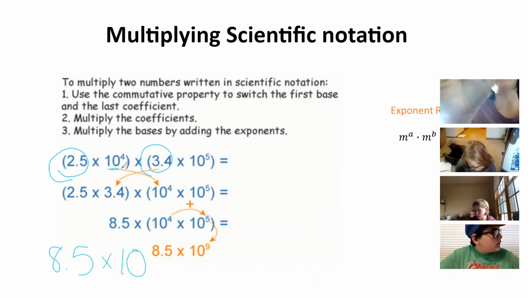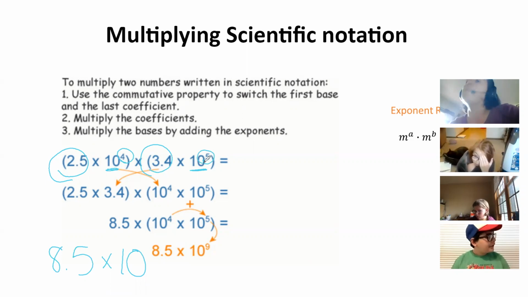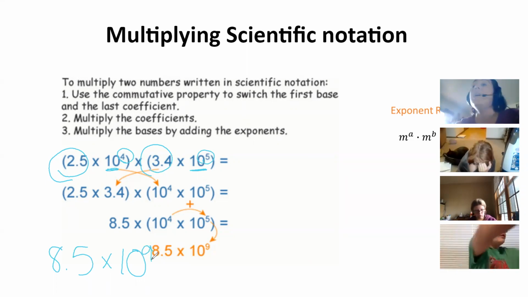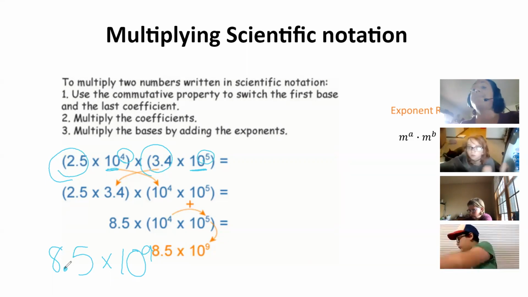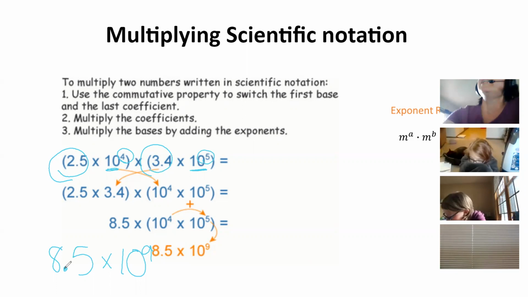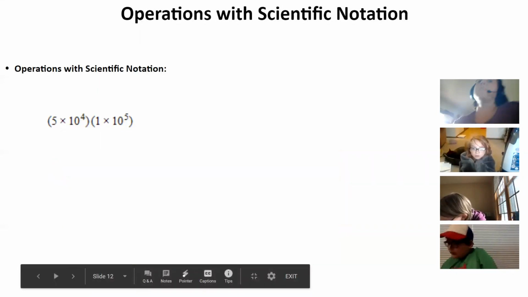But since both of the bases are the same as a 10, you're just going to add those exponents. Whenever you're multiplying with exponents and the bases are the same, you add the exponents. So 4 plus 5 gives you 9. And we don't need to rewrite that at all because it's already got just one digit in front of that decimal. And that's what I wanted. So we're good. But again, if you're absolutely stuck, go check out Desmos.